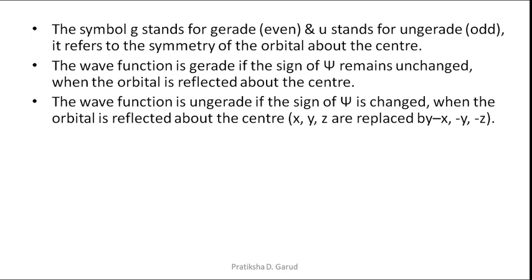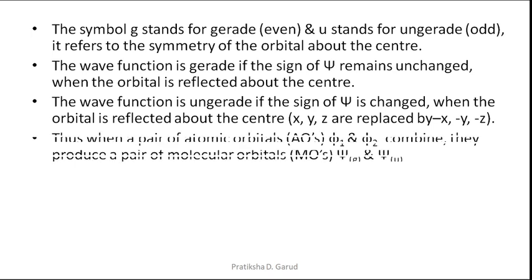What is an example of it? Take the example of a px orbital. If it is reflected about its center, then we get a change in sign, so it is called ungerade. That means x, y or z are replaced by minus x, minus y and minus z.